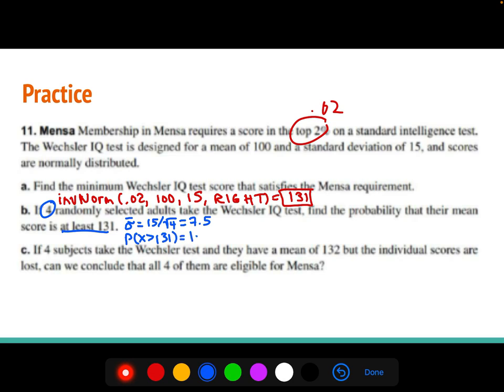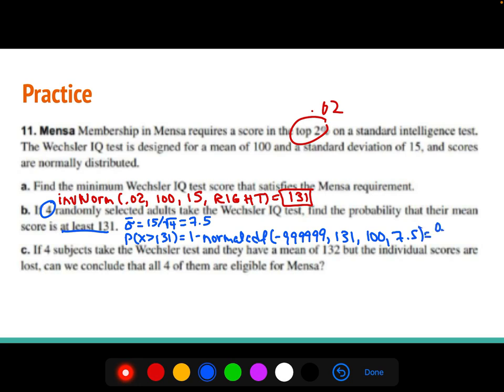So the probability at least 131 is 1 minus the normal CDF of 131 at 100, 15 there. Oh, not 15, 7.5, sorry.